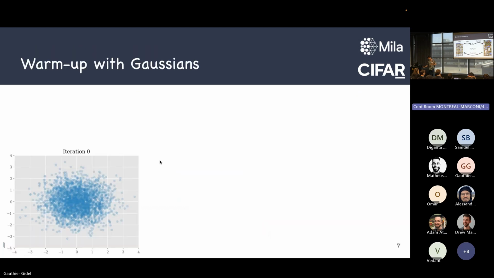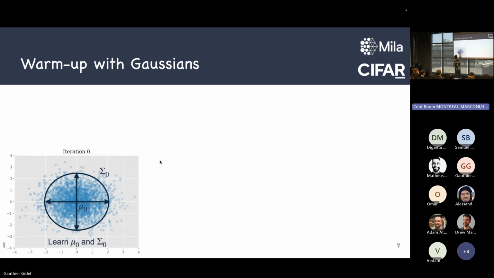As an illustration, let's see what happens with Gaussians. This is nice. Gaussians in 2D, we can visualize them. We can see the distribution. We have some good intuitions. So we start with our data set. We also assume that the data set is Gaussian. It's a very toyish case.